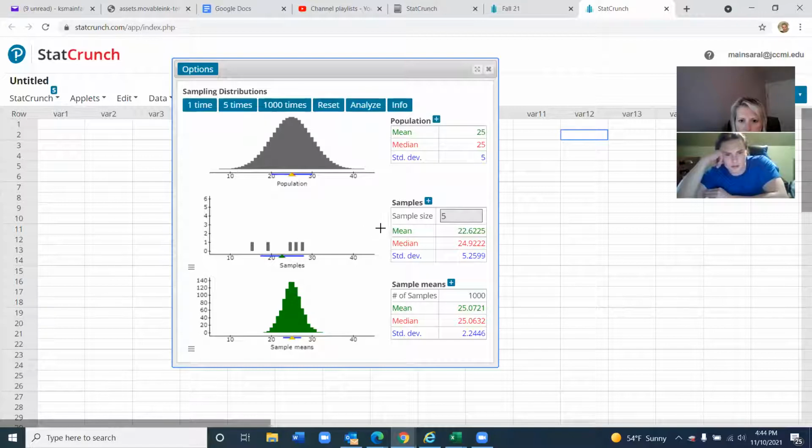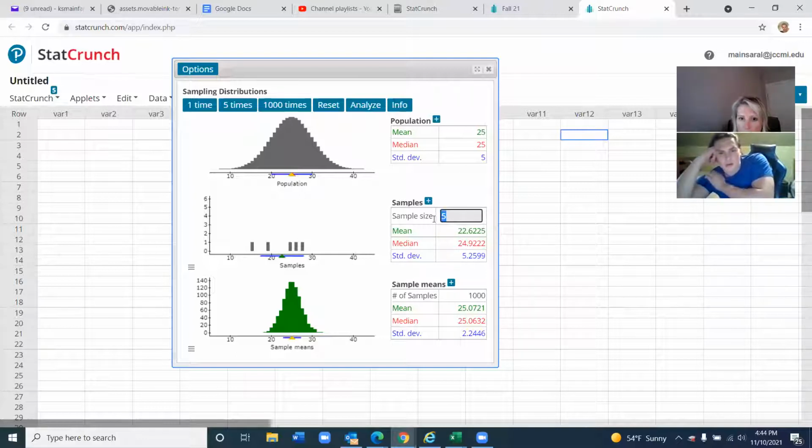You can see that my one sample of size 5 had a mean lower than our population mean, and was a little bit skewed left. Its standard deviation was a little bit higher than the population standard deviation. But the 1,000 samples got pretty close to the population, and their standard deviation was much smaller than the population standard deviation.